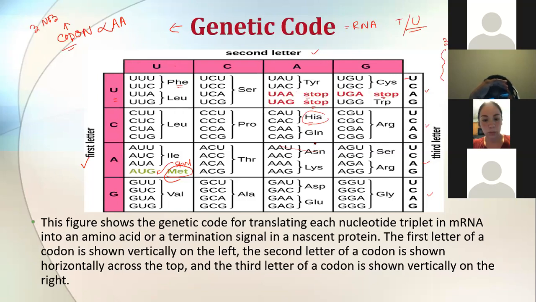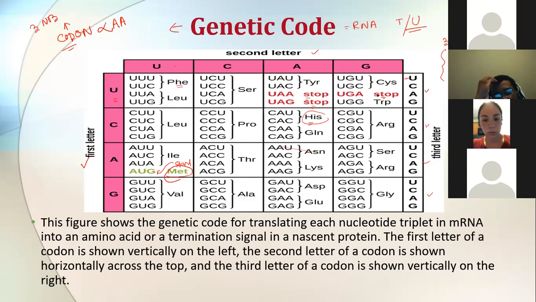Okay. And when a cell makes protein, these are the codons on messenger RNA. If one of these stop codons is there on the messenger RNA, then the cell stops making protein, and that is why they are called stop codons.